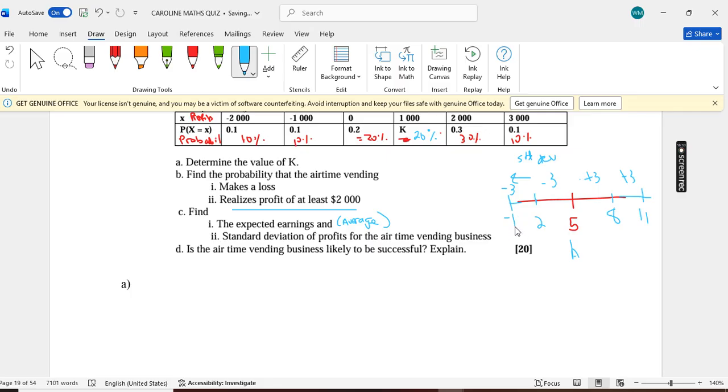So standard deviation is just telling you how far on average your data points are from the mean or the average. A higher standard deviation means the profits that you're going to earn when you invest in this airtime vending business are going to be far away from that $800.